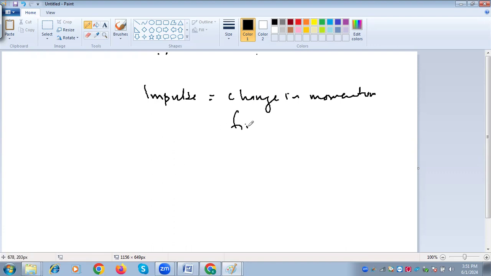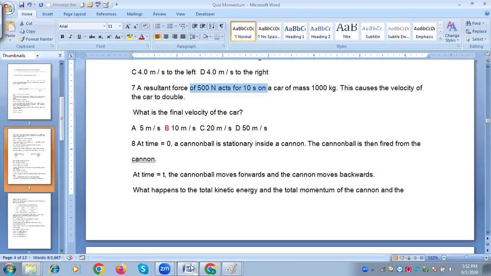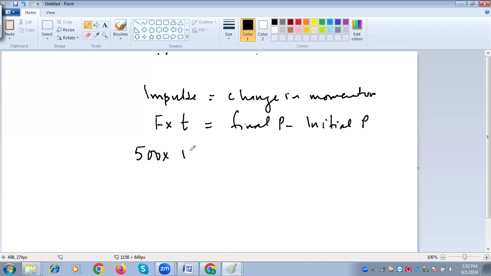So final P minus initial P. Impulse F into T, 500 into 10 seconds, is equal to final momentum m, velocity is doubled, 2u, minus m u.